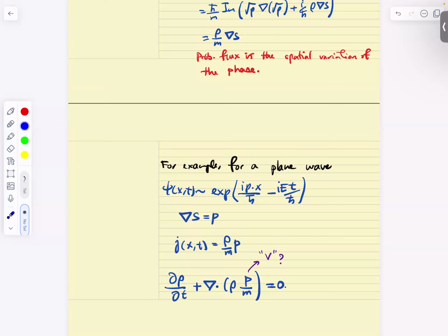In classical physics, p over m has a name, it is velocity. So plugging that back in, this really matches your continuity equation from fluid dynamics: del rho del t, where rho is the density of the fluid at a point, plus the divergence of rho times velocity, because flux is supposed to be density times velocity. Good?